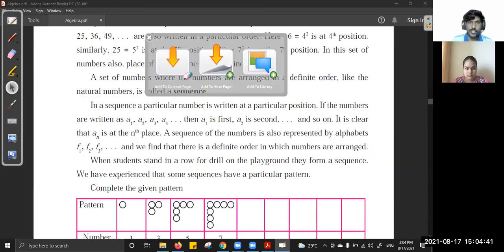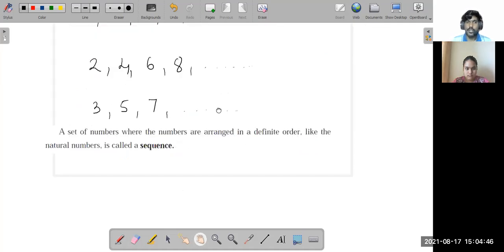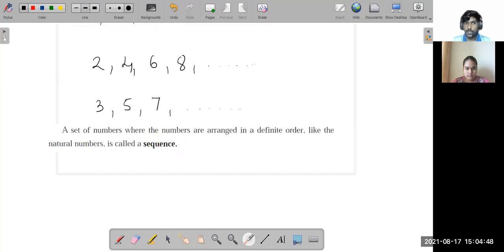Here is the definition of a sequence: a number or set of numbers where the numbers are arranged in a definite order. For example, the natural numbers are 1, 2, 3, consecutive 4, and so on. So these will be called a sequence.